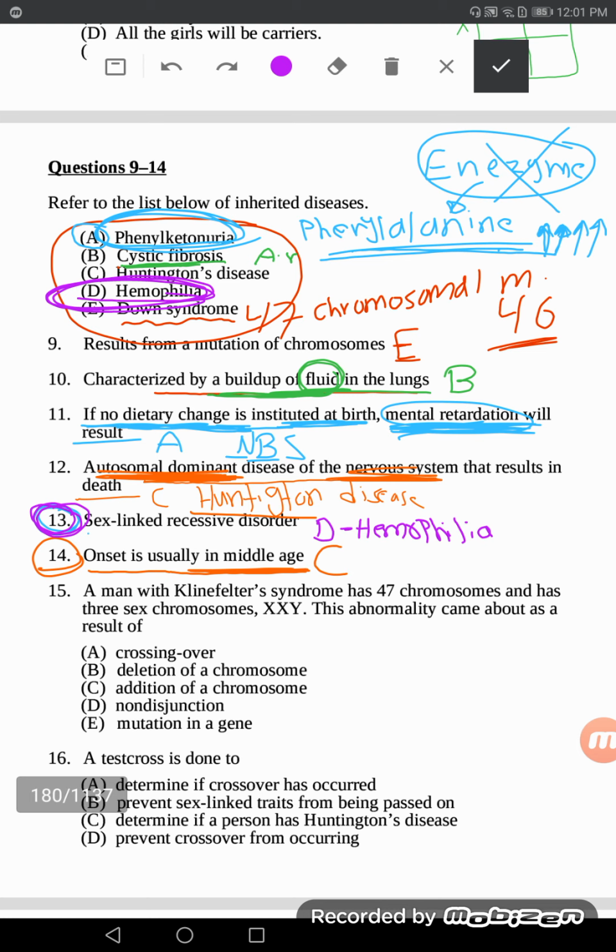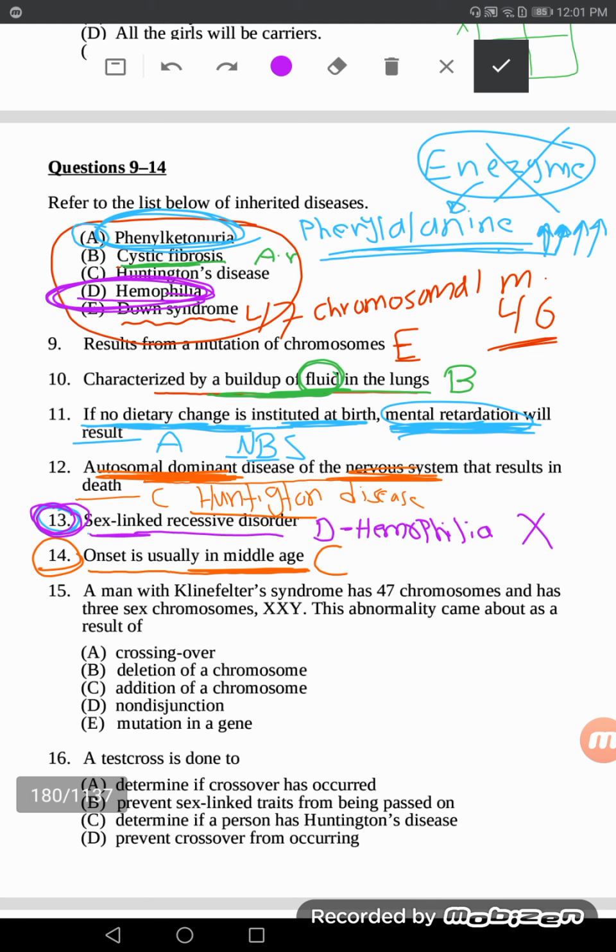So in those people, they could not have blood clotting, okay, and this causes bleeding and death if they cannot stop it, okay. So this is hemophilia, and it is sex linked. It means it's carried by the X chromosome, okay. It's a sex linked recessive disorder, okay. That's about question 13.